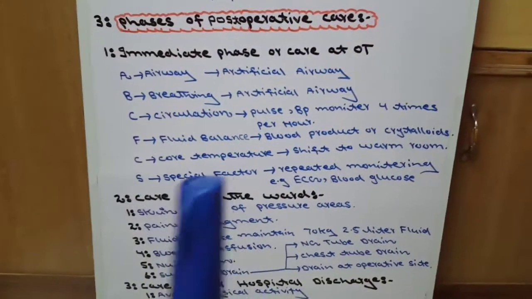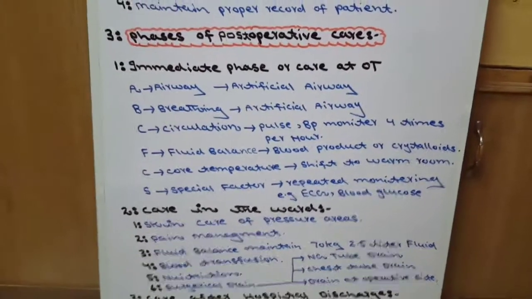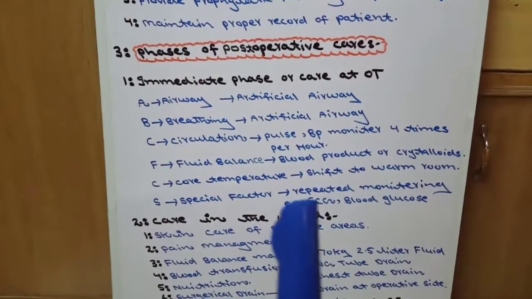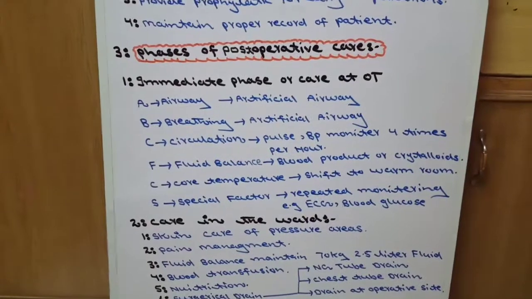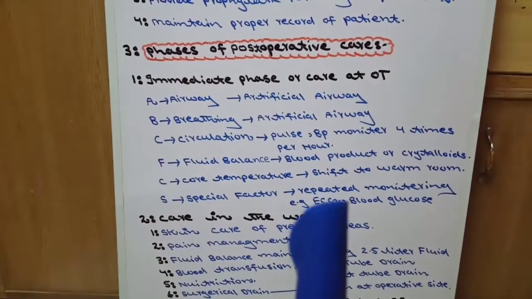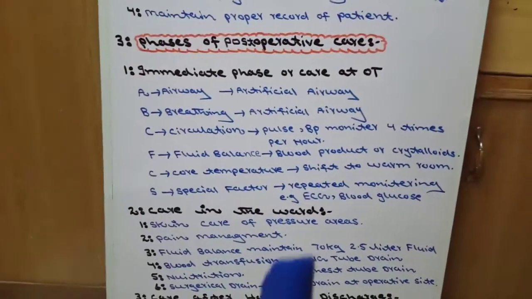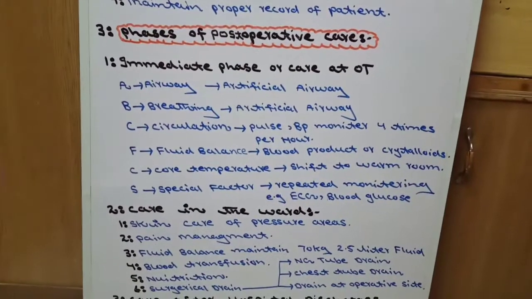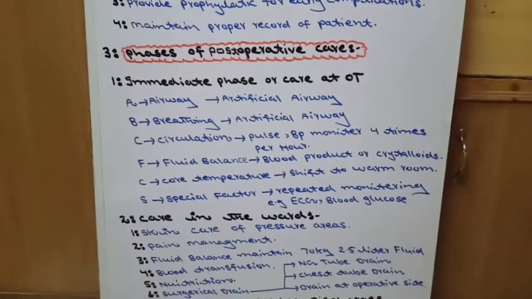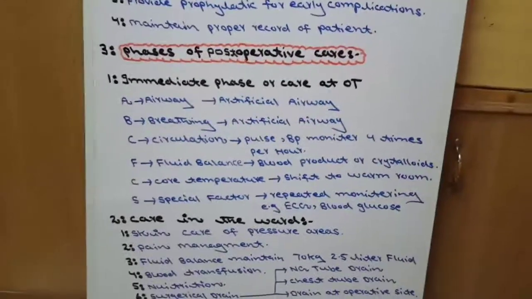S means special factor. We should repeatedly monitor certain factors. If a patient has cardiac disease or has had heart surgery, we should repeatedly monitor the ECG. If a patient suffers from diabetes, we should repeatedly monitor the blood glucose.